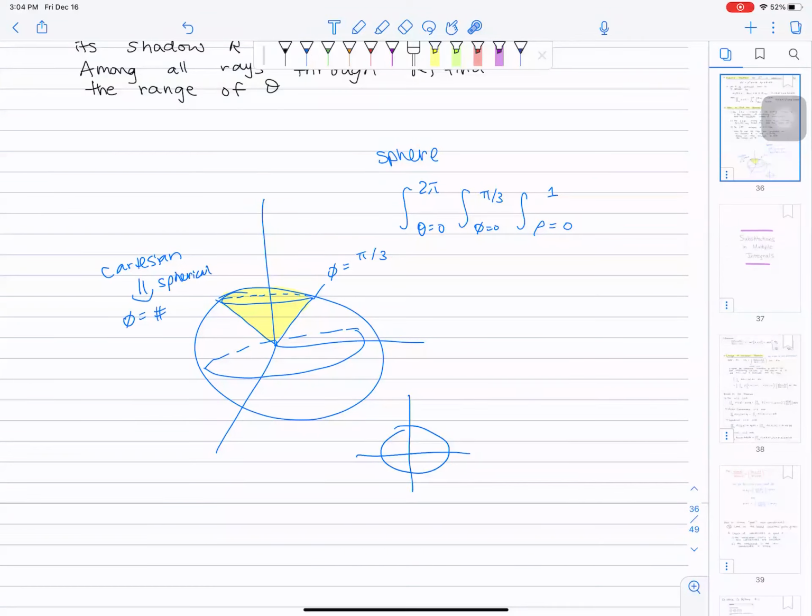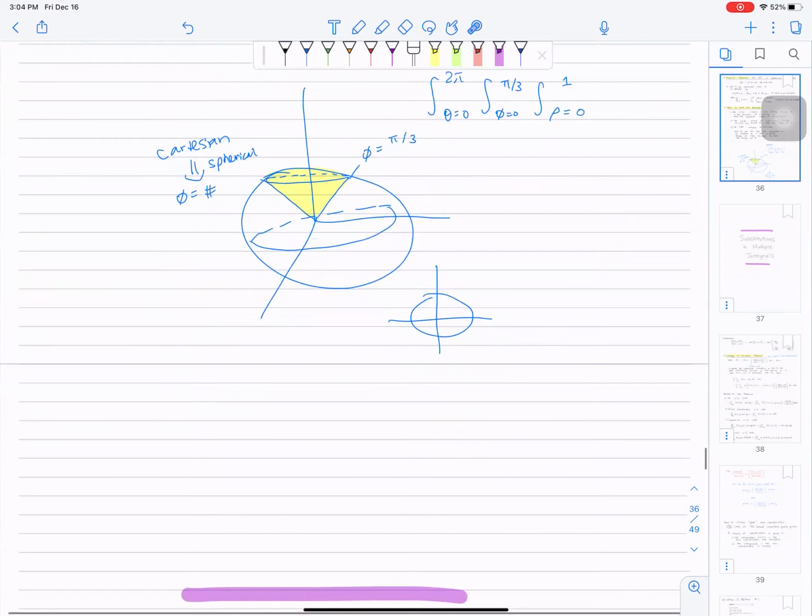A question in the chat: if the base of the cone started at the circumference of the sphere, how would the bounds change?